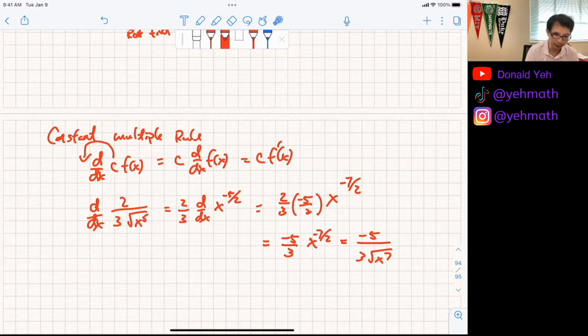So negative 5 over 2 subtract 1 is going to be negative 7 over 2. Okay, sorry. That tripped me out a little bit. It makes sense now though.